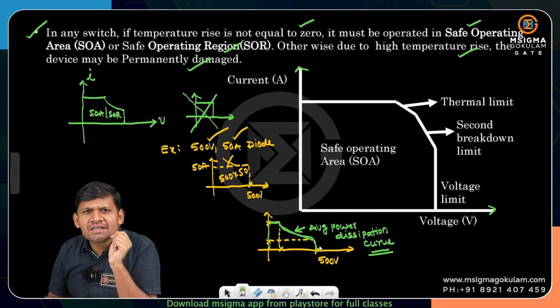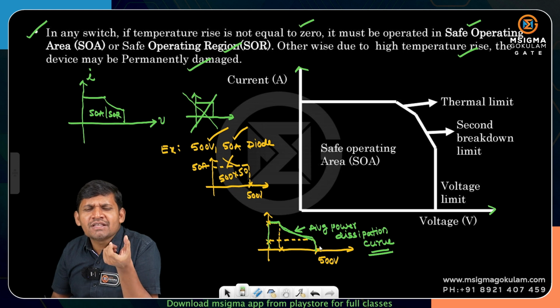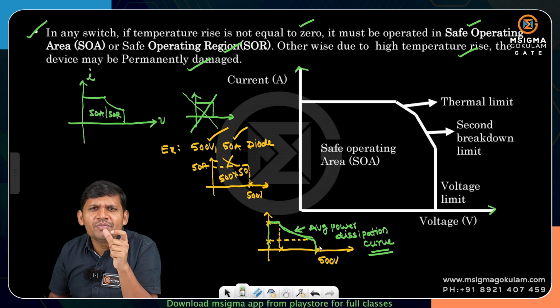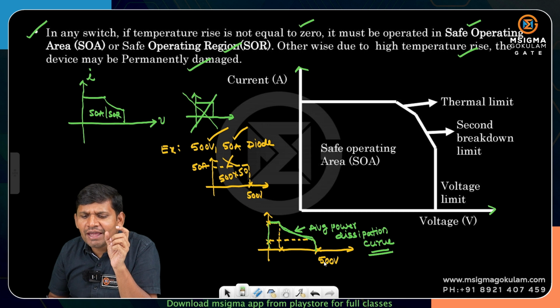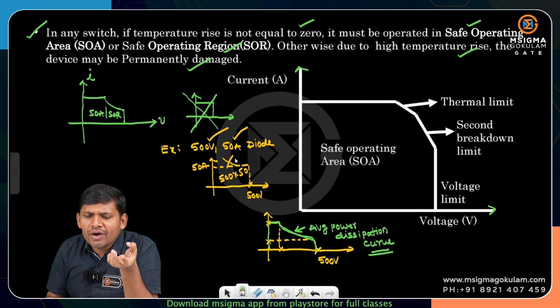If the device is carrying high current, the voltage across the device is very small. If the voltage is high, current is less. If the current is high, voltage across the device is less. That is nothing but the safe operating area. We never represent the safe operating area like this. That's the reason why there is a curve like this.